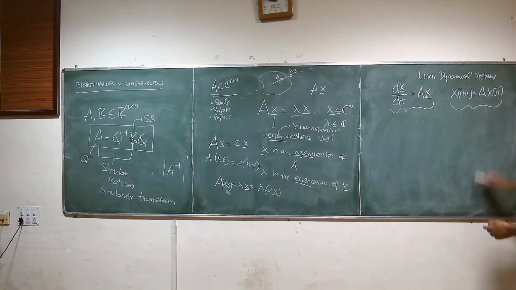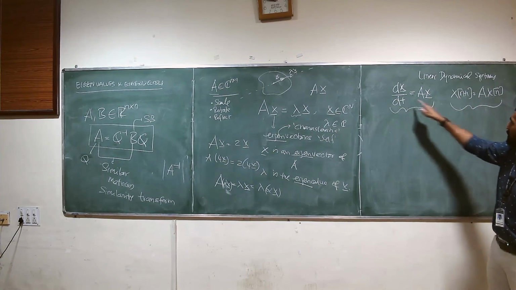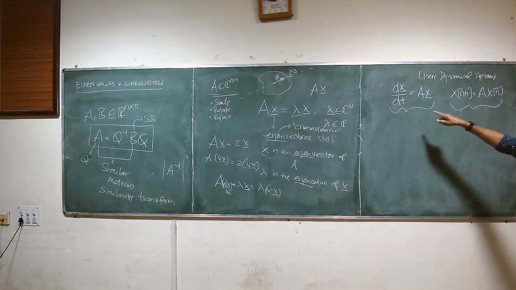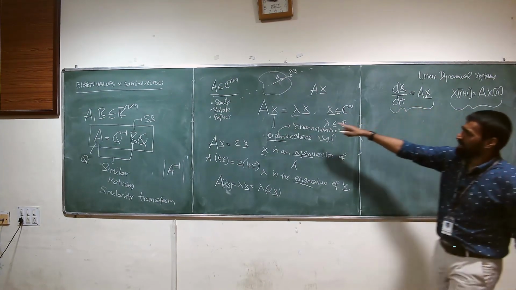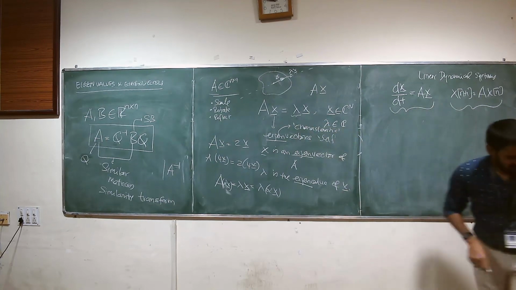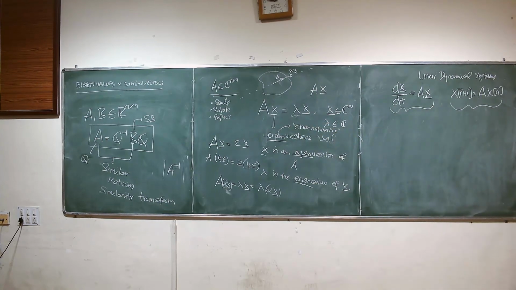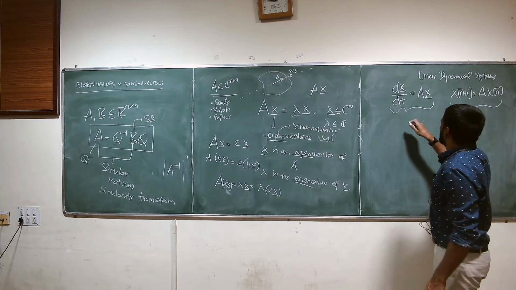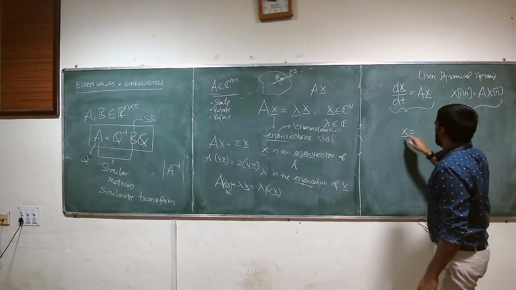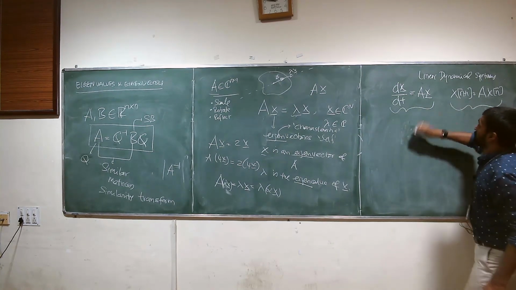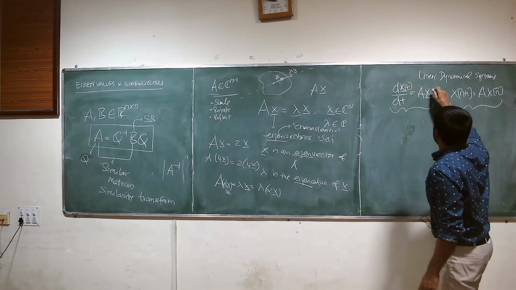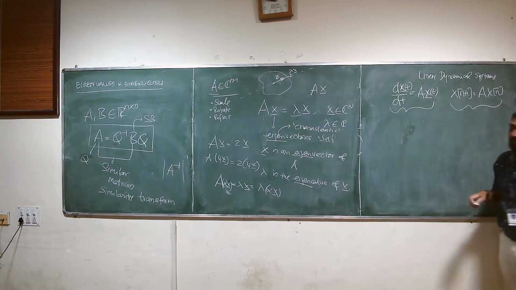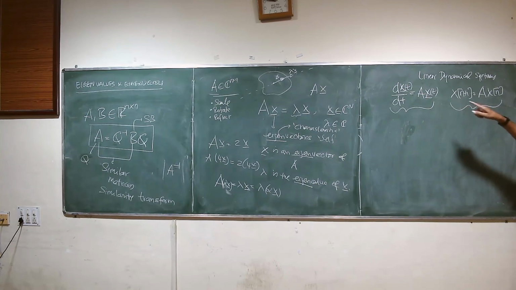The solution to this depends very much on your eigenvalue and your eigenvector. Now, one thing I should note is these are functions of time. Maybe that's a new notation, where we've always written vectors as a set of numbers.